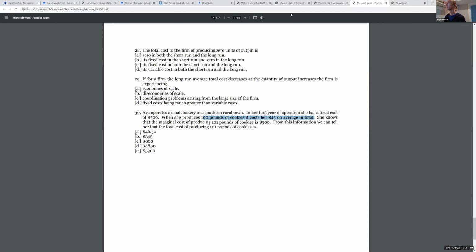So let me see if I can write the math here really quickly. So you have the 500 plus the 45 times 100, and then you have to add the 300.